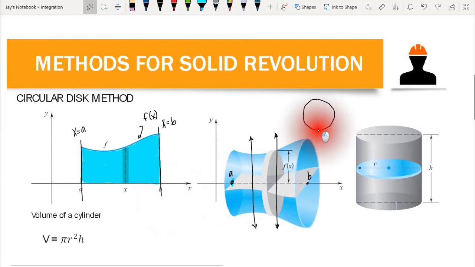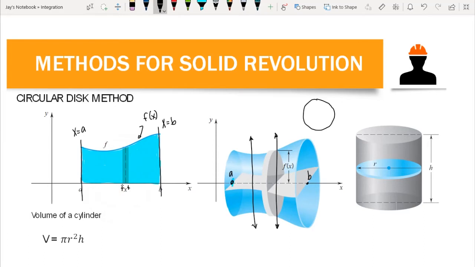Now, the concept of integration here is the same as with area. In computing the area, we divide this region into infinitely small rectangular strips, in which this one is our dx that is very small or thin, changing with respect to our x coordinate.